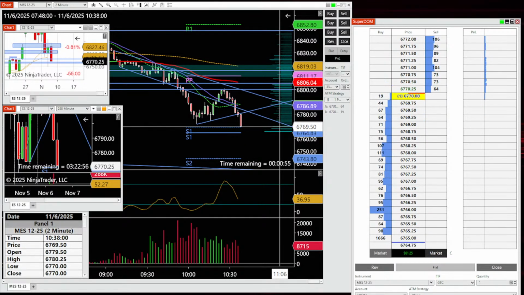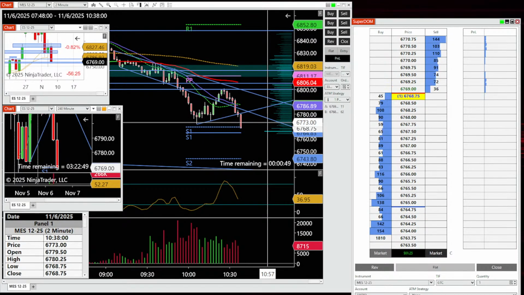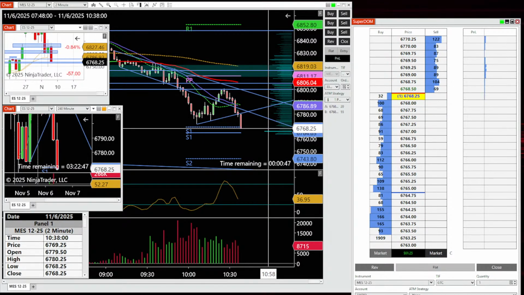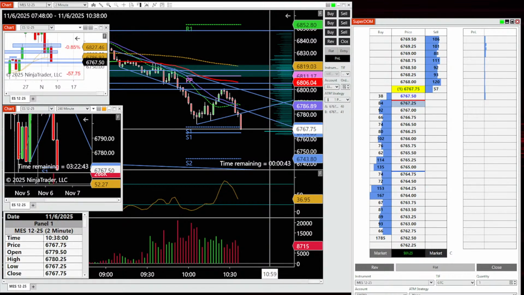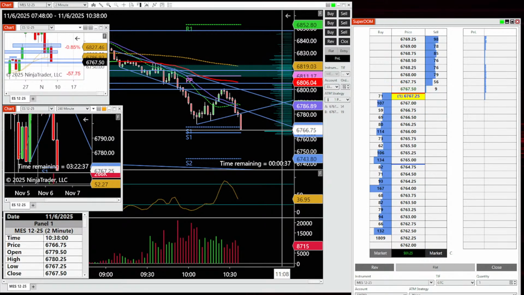I just wanted to front run that 70. And I have nowhere to trail this bar, and it can't keep going. I have nowhere to trail this bar. So it keeps breaking.